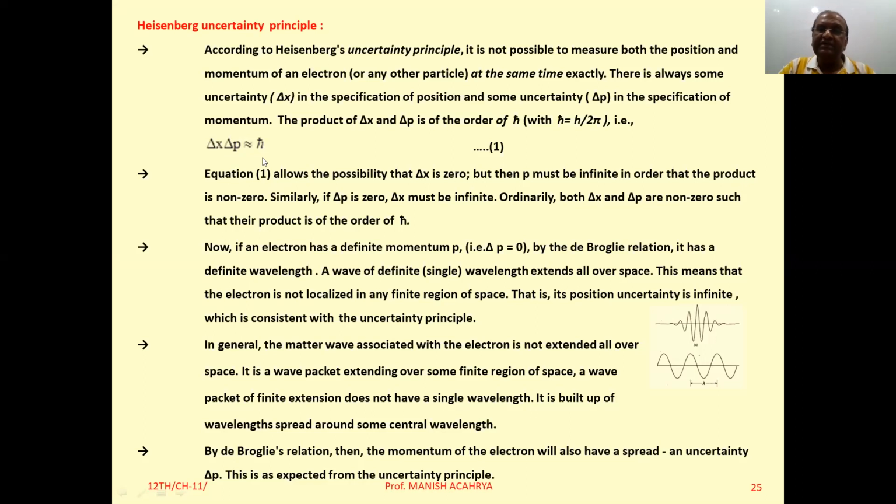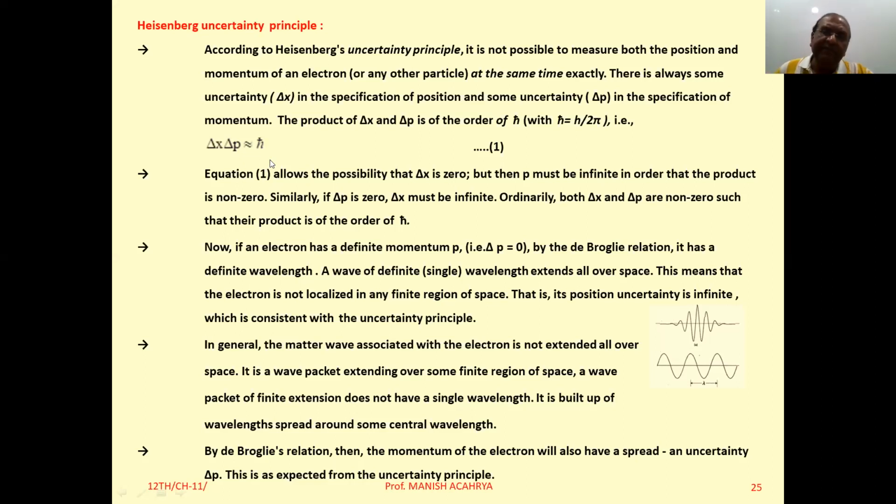So in the equation delta p equal to h cut upon delta x, if we substitute delta x equal to 0, then h cut upon 0, anything upon 0, is infinite. Clear? It implies that momentum becomes uncertain. The uncertainty in the momentum comes to infinity, meaning momentum is not finite.